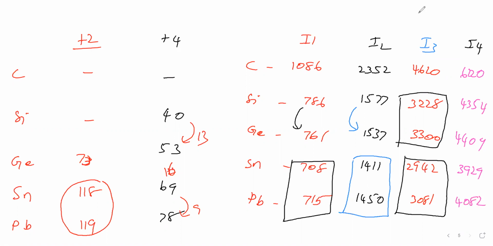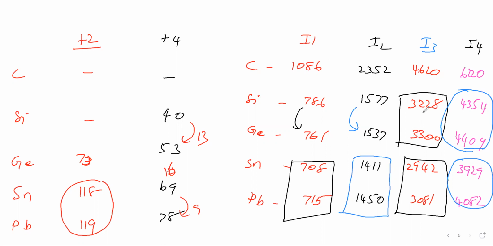Where the exceptional case comes, we will see: tin to lead exceptional case, because of 4f14 in lead. Then silicon to germanium also exceptional case, because of 3d10 in germanium. Okay, so in atomic radius exceptional case is not there, but in ionization energy exceptional case is there. In I1 and I2 tin to lead exceptional case, in I3 and I4 silicon to germanium and tin to lead exceptional case.